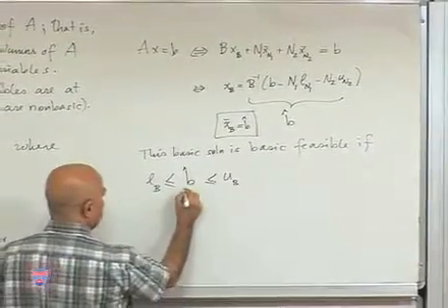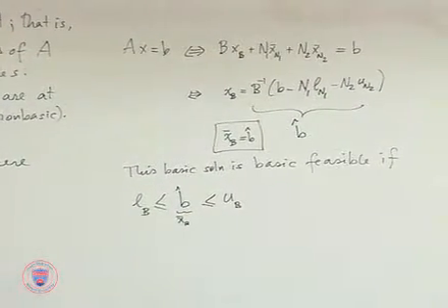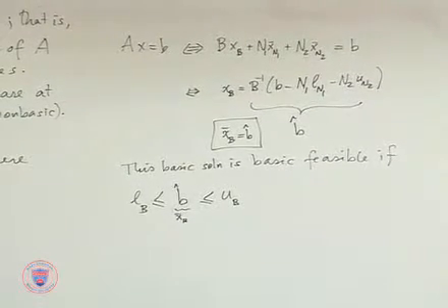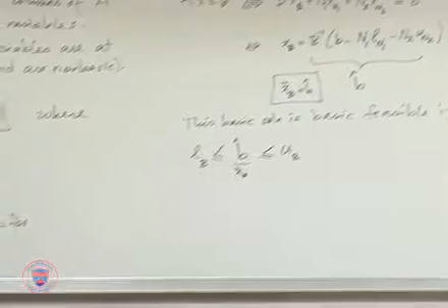Of course, this is your XB here. Okay? So if XB is also between the bounds, fine, you have a basic feasible solution. If not, then of course you don't.